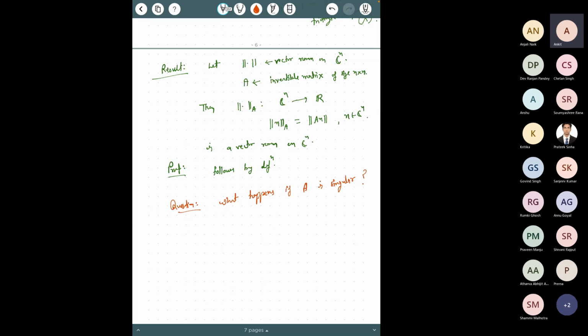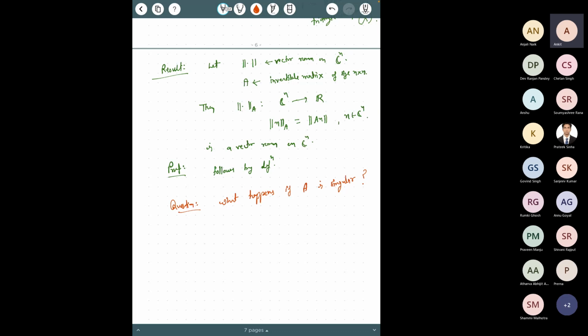Using these LP norms, we can define new norms on a given vector space. Not only that, we saw that these norms satisfy several algebraic properties: the sum of two norms is again a norm, and the maximum of two norms is also a norm. Then we saw one more result that also gives us a way to define a new norm.